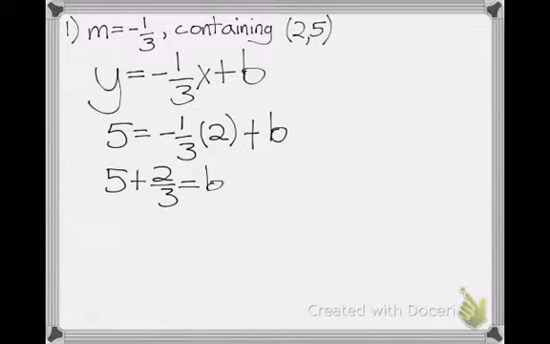So we have to add the fractions on the left-hand side here. 5 is 15/3. So we get 15/3 plus 2/3 equals b. And in the end, what we end up with is b equals 17/3.